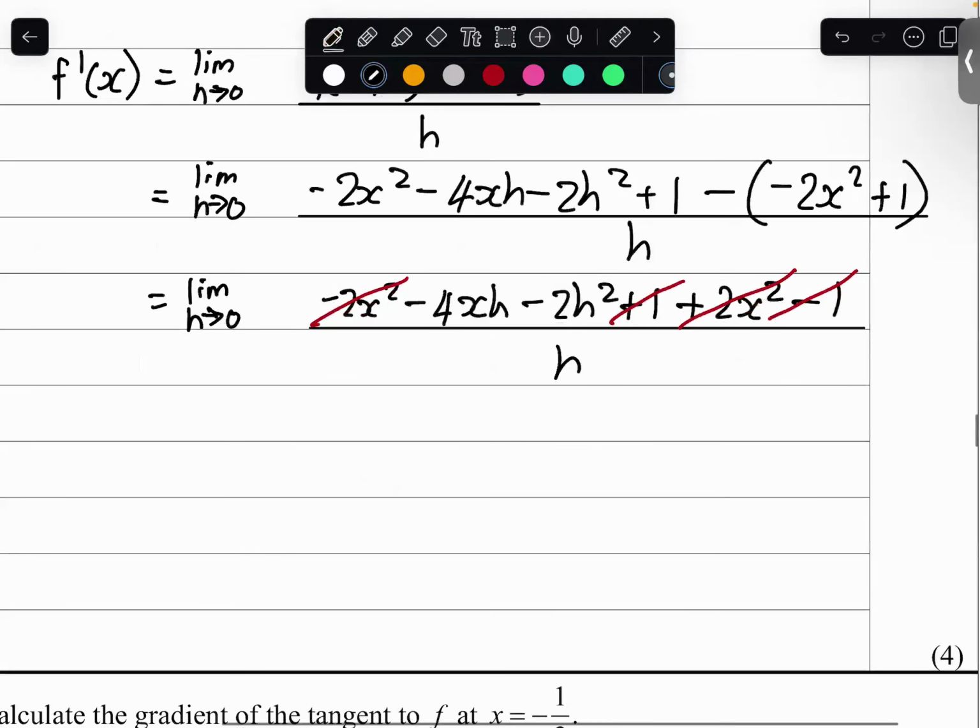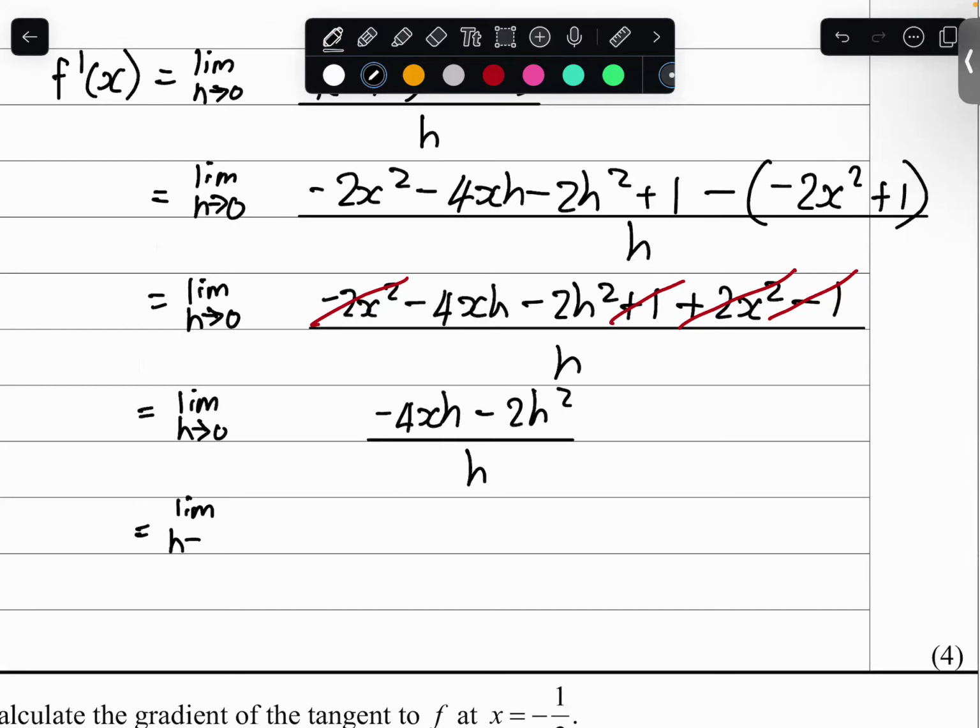We're just left with the limit as h tends to 0 of minus 4xh minus 2h squared all over h. Pull out h as a common factor on top so that it can cancel with h as a denominator at the bottom. So this is h into minus 4x minus 2h all over h. The h's are now going to cancel.